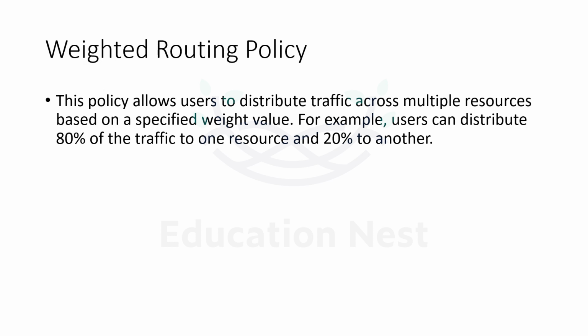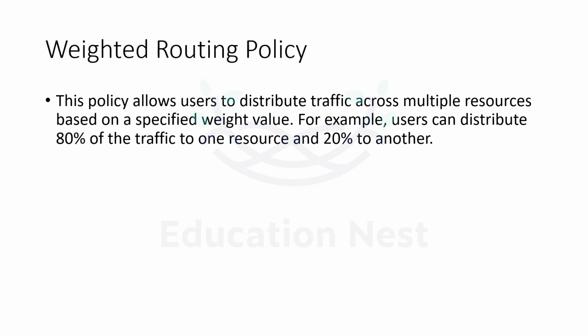What the weighted routing policy will do is allow you to associate multiple resources with a single domain name or subdomain, and you choose how much traffic is routed to each resource. This can be useful for a variety of purposes, including load balancing and testing new versions of your software.